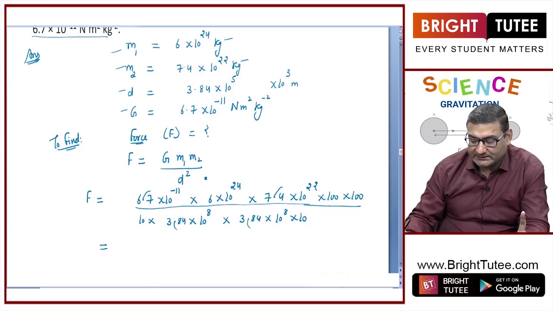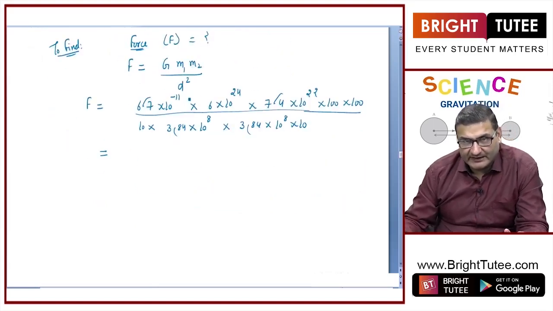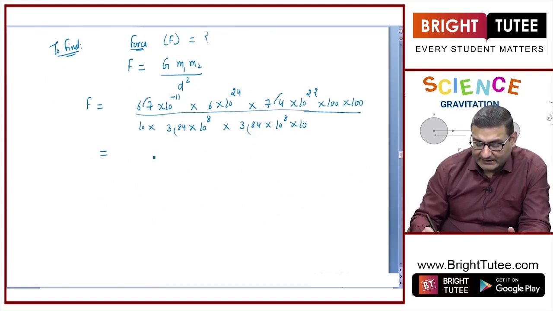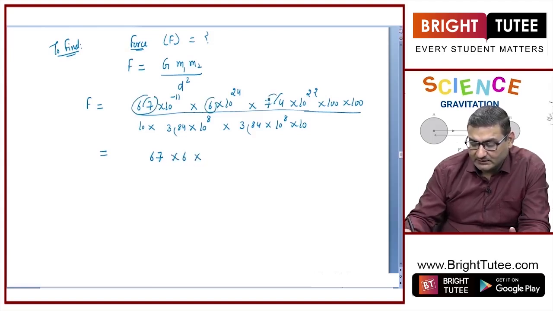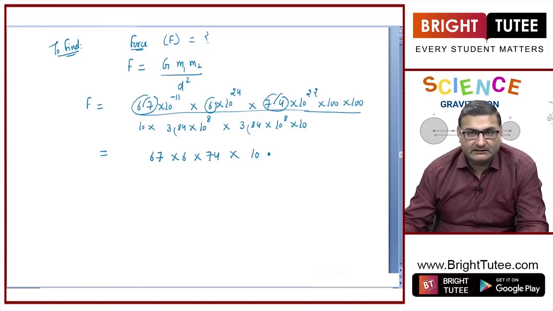After removing all the decimals, now rewrite this particular value, and in the second step just multiply all the numeric values given, right, and take all the powers of 10 together.